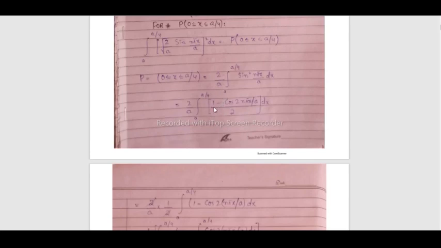the integration formula: sine square theta is equal to 1 minus cos 2 theta upon 2.